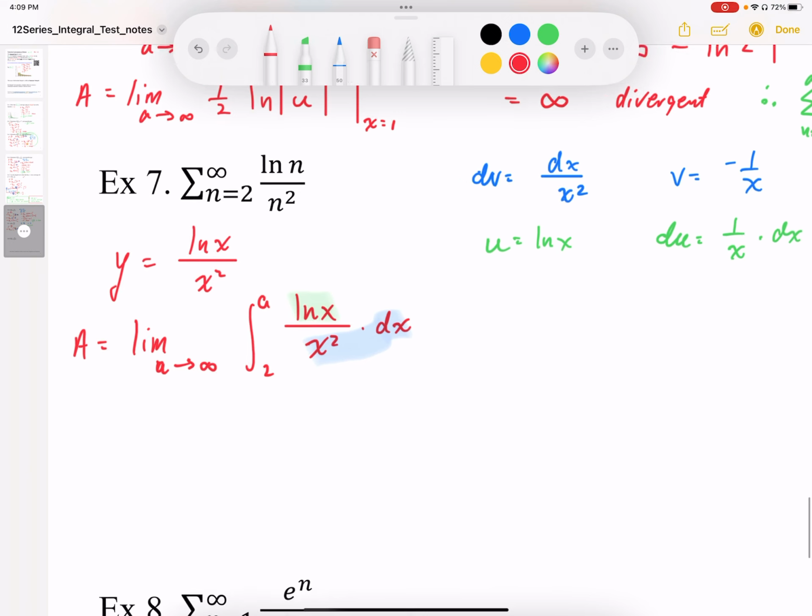So this becomes the limit as a approaches infinity, and the integral is going to look like this. So I have two parts to it. I have my uv, so in this case my uv is going to look like this: negative log x over x.